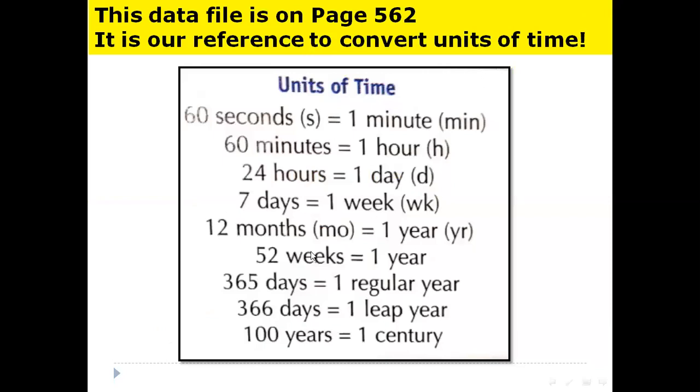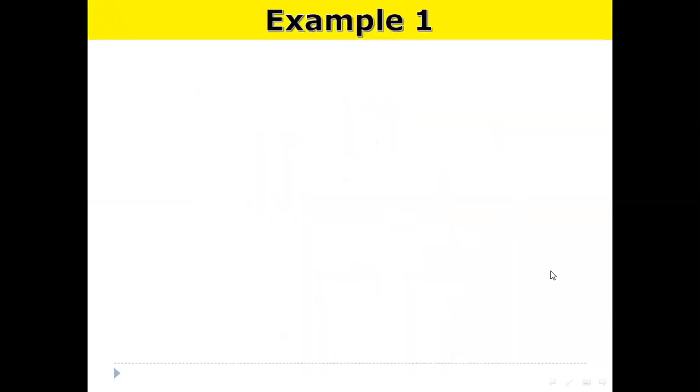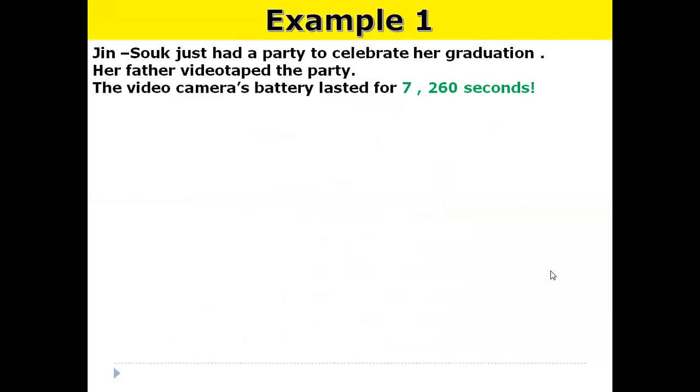So you can go back to it whenever you want, but remember that you should memorize it if you don't know how many days and how many years and so on for each of them. Let's do this example together.